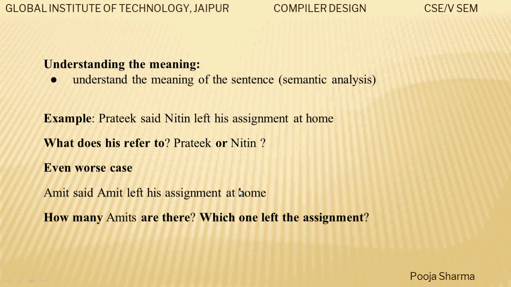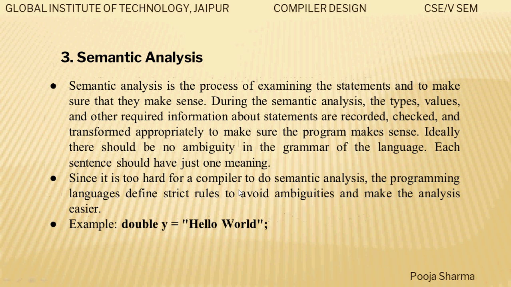Once the sentence structure is understood, we try to understand the meaning of the sentence. Semantic analysis is the process of examining the statements to make sure that they make sense. During semantic analysis, the type, values and other required information about statements are recorded, checked, and transformed appropriately to make sure the program makes sense.